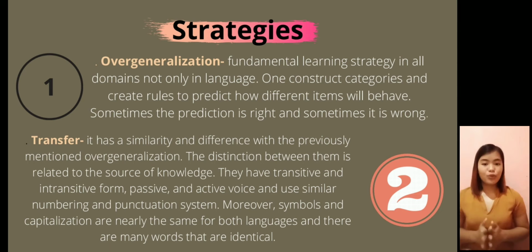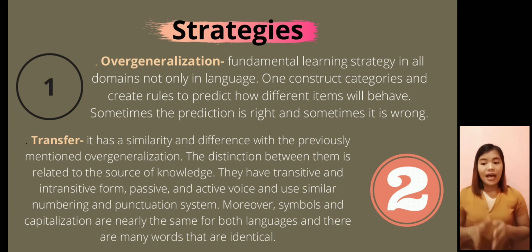Number 2 is transfer. It has similarity and difference with the previously mentioned overgeneralization. The distinction between them is related to the source of knowledge in using it. According to Littlewood 1984, the similarity between pronouns, etc. In addition to that, both languages form words in the same way by attaching prefixes and suffixes to the root word.